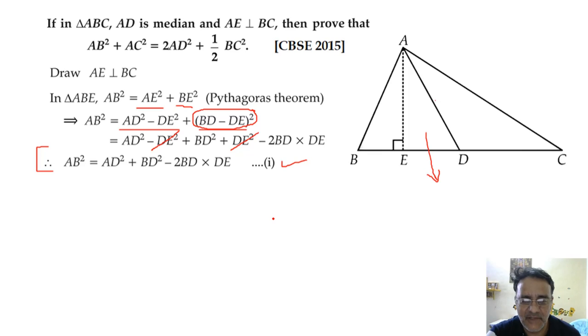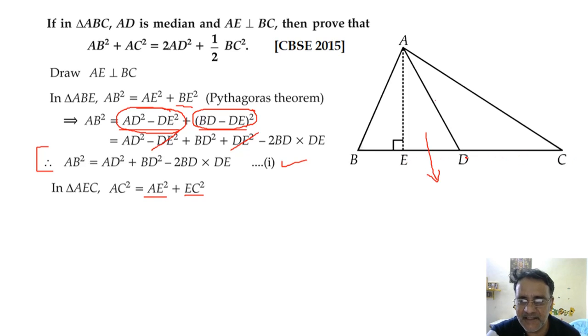No, sir. Okay. Now, next we are going to take this triangle. Just now I told you AEC. AC square is equals to AE square plus EC square. Again, I would like to replace AE by this one, AD square minus DE square. And EC को हम लोग लिख सकते हैं DE plus DC.